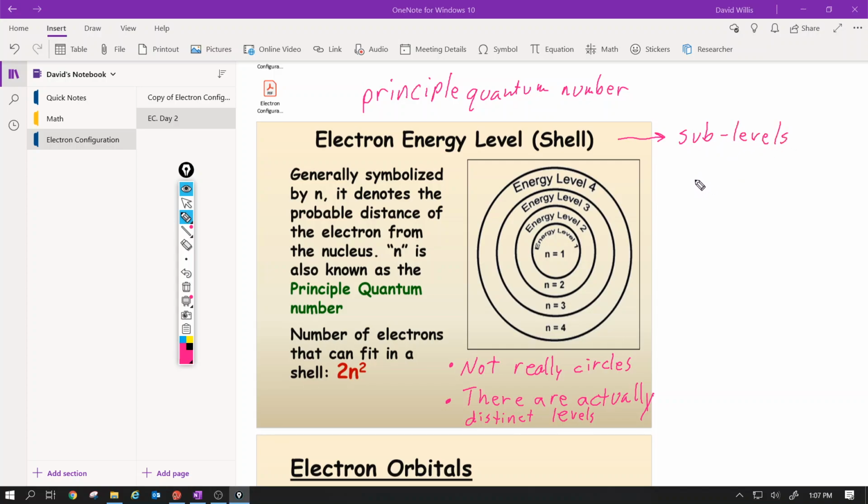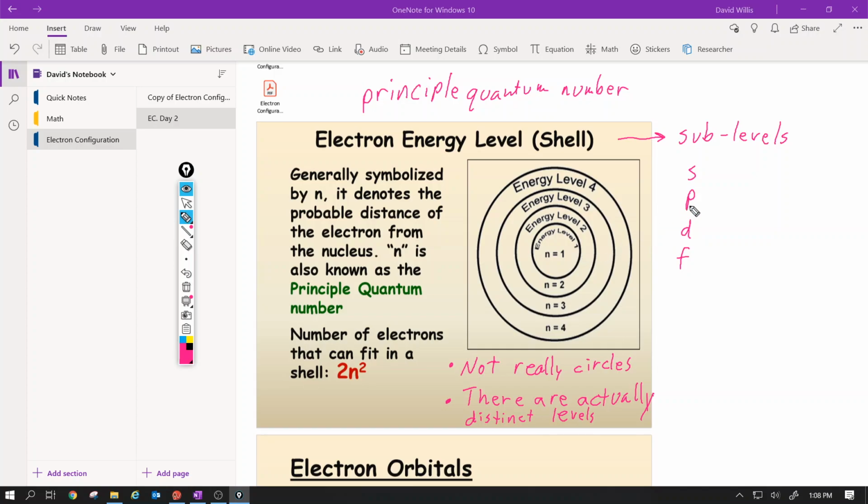Those sublevels are what we talked about as the S sublevel, the P sublevel, the D sublevel, and the F sublevel. Remember that not all of those sublevels exist in all the energy levels.